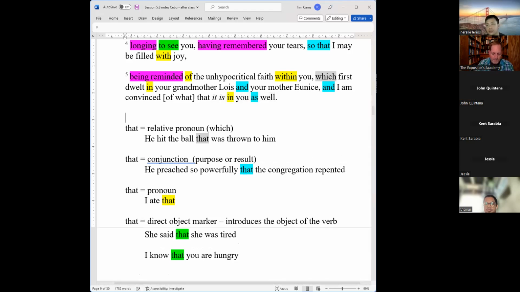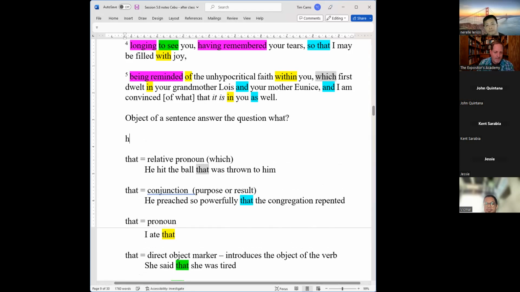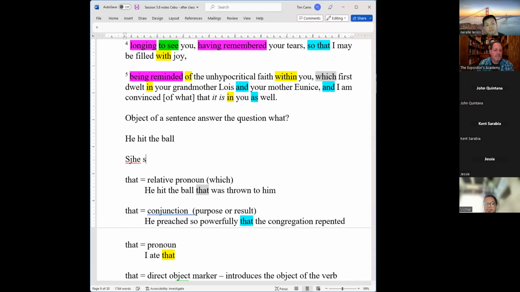Okay, remember, the object of a sentence answers the question what, right? He hit what? He hit the ball. She said what? She said hello.